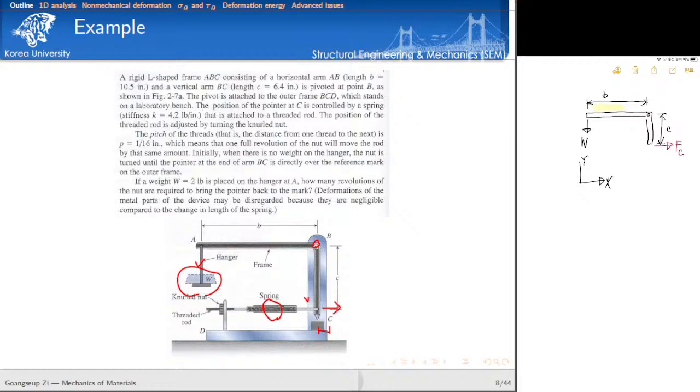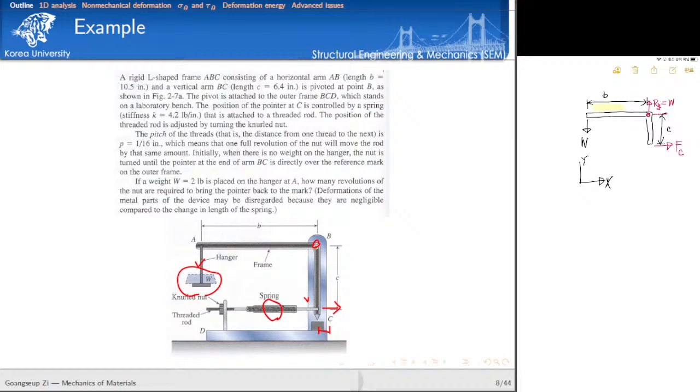If you do that, let's consider force equilibrium in the vertical direction. We can easily recognize that at the hinge point we must have a reaction. The reaction in the y direction is equal to W. And then also let's consider the force equilibrium in the horizontal direction.